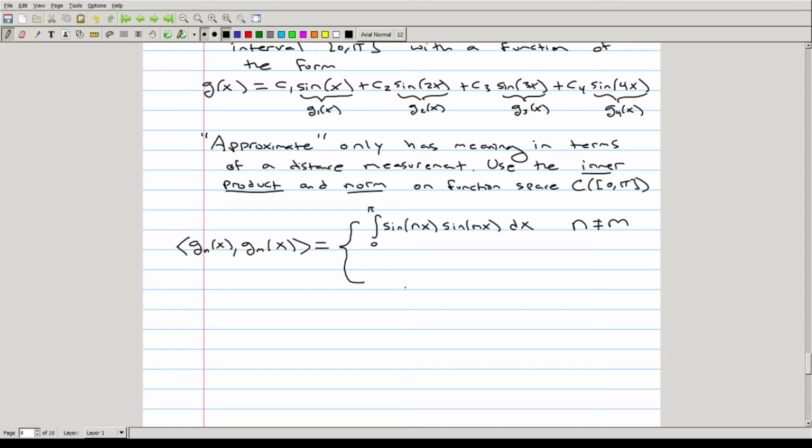And if n is equal to m, this will be the integral from 0 to pi of sine squared of nx.